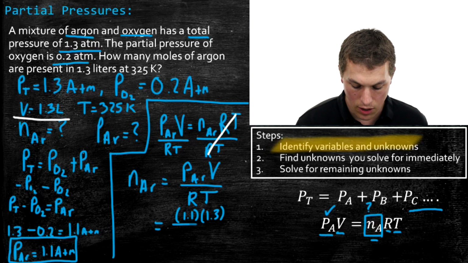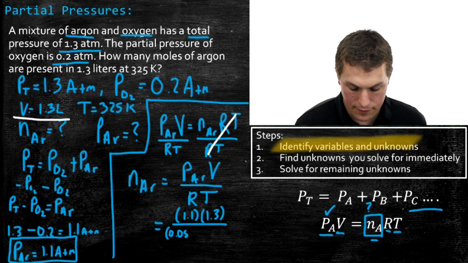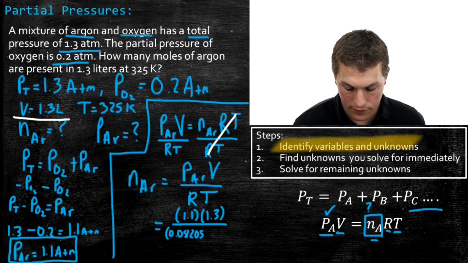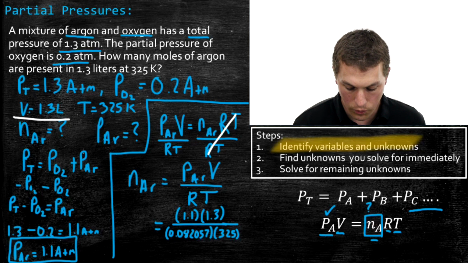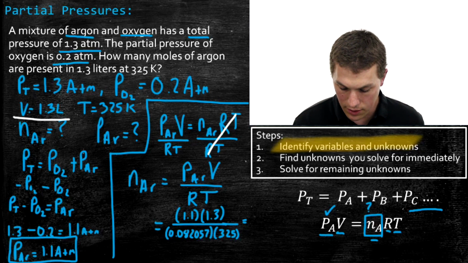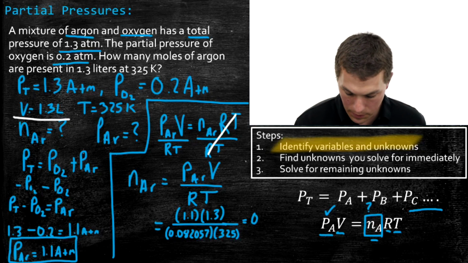And then I divide that all by my gas constant, which is 0.082057. And I multiply that by my temperature, which is 325 Kelvin. So when I plug that all into my calculator, I will get out 0.054 moles of argon. And that's my final answer.